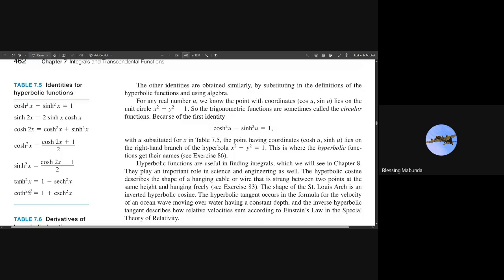And tanh squared x is equal to 1 minus sech squared x, and the coth squared x is equal to 1 plus cosecant squared x.